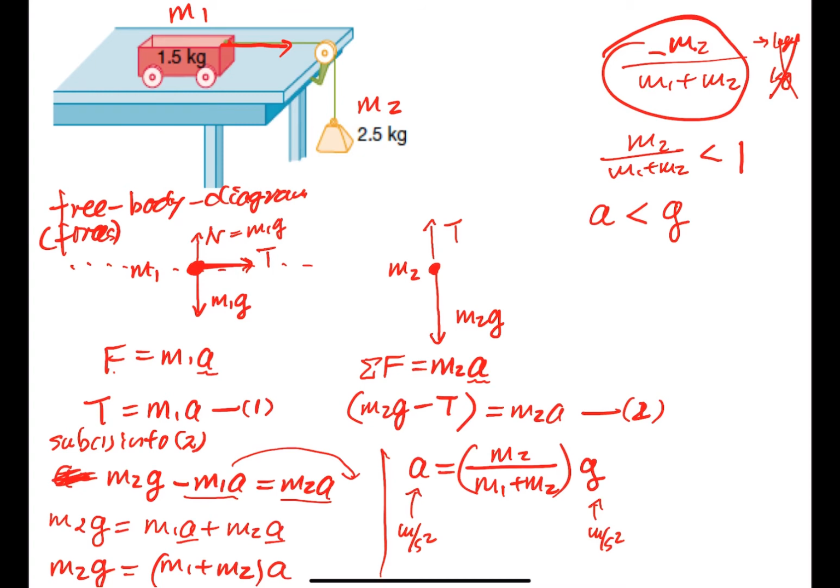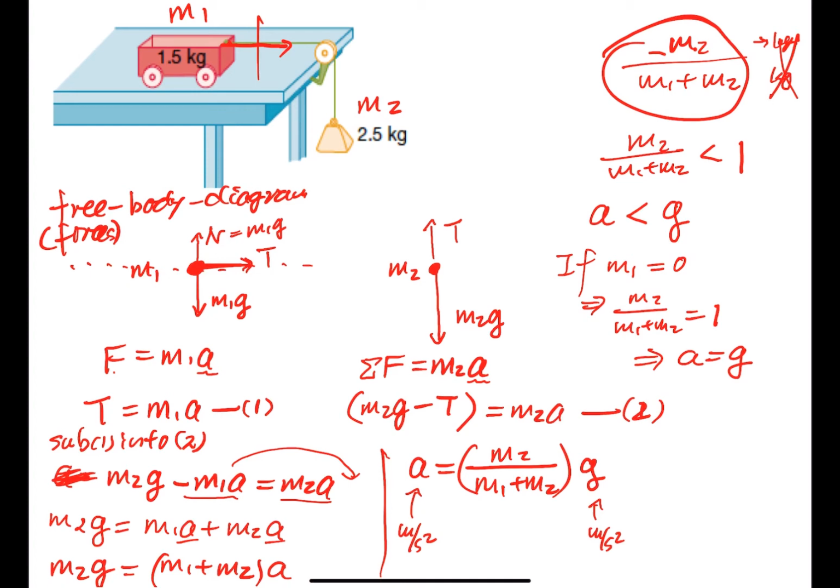And think about what happens if m1 becomes 0. It means you cut this off, so m1 is 0. Then m2 over (m1 plus m2) equals 1, therefore a equals g. Make sense? Now you see, I come to all these conclusions without a single number.